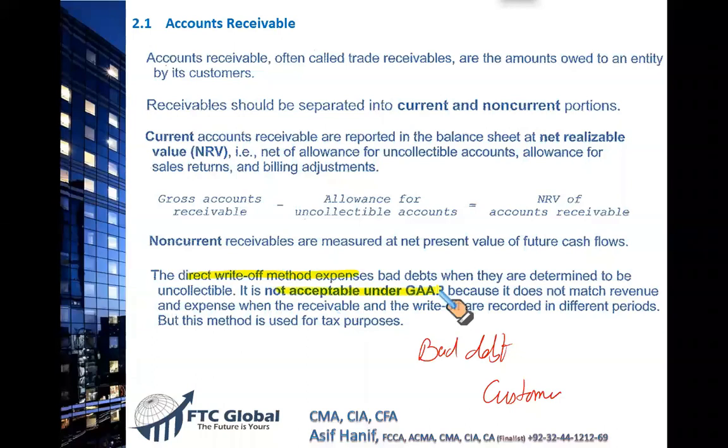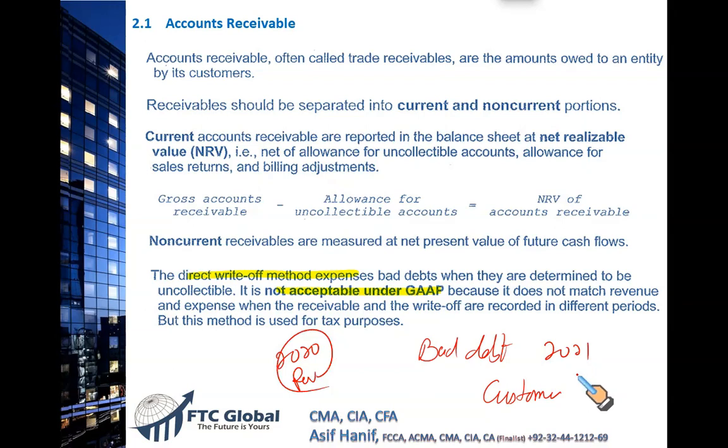Why? The reason being, maybe the sales relates to 2020 and the customer refuses to pay in 2021. So the sale, the revenue was recognized in 2020, but the customer goes bad in 2021. So that violates one of the basic accounting conventions of matching concept.